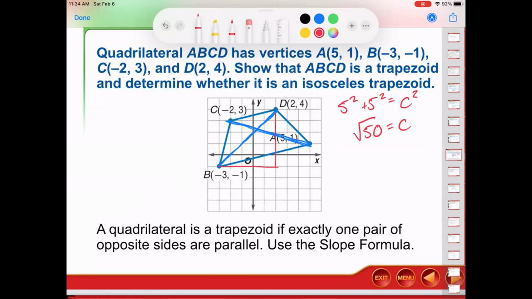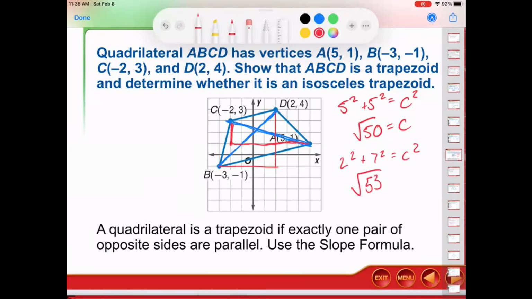And if I did this second triangle, I would go down 2, right more, which would be down 2, so it would be 2 squared plus 3, 4, 5, 6, 7, plus 7 squared equals c squared, which would end up giving me the square root of 53.